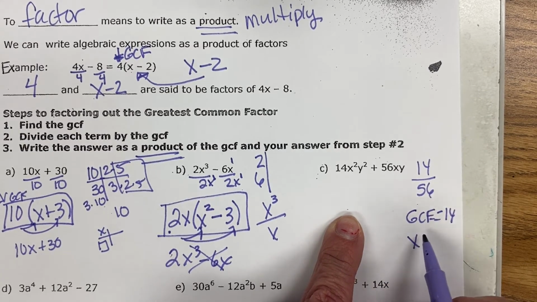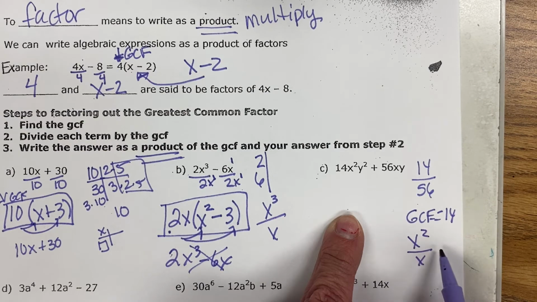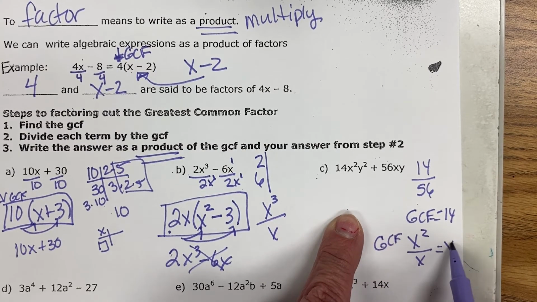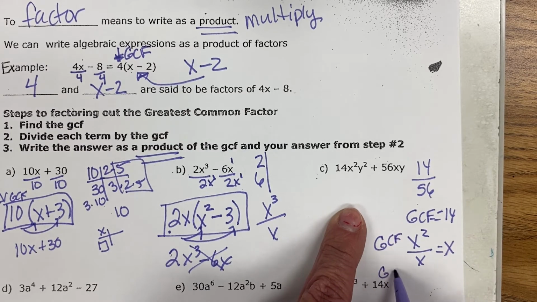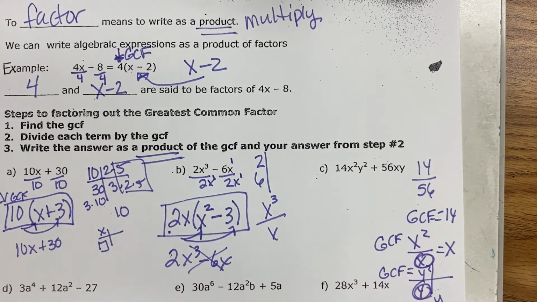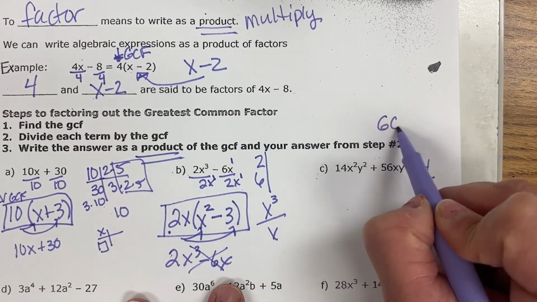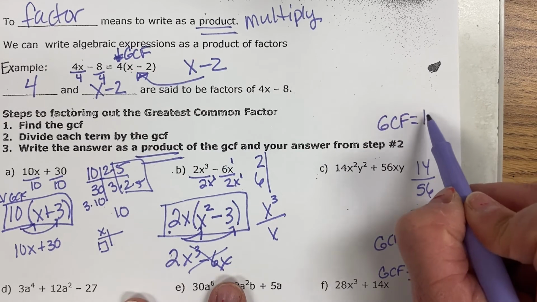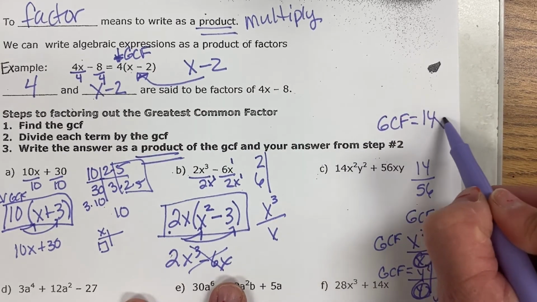I have to find the GCF between x squared and x, and that's going to be x, and GCF between y squared and y, and that's going to be y, because we take the smallest exponent. So our GCF is equal to 14xy.